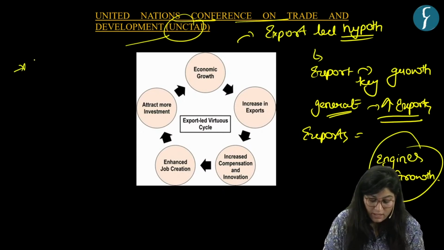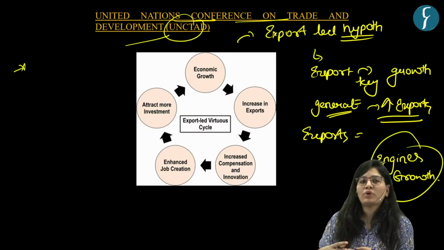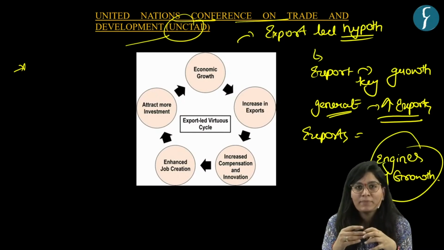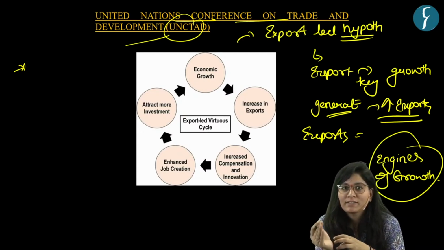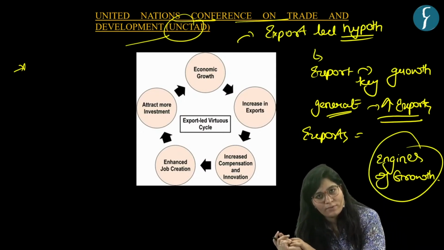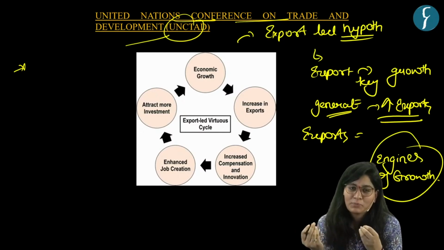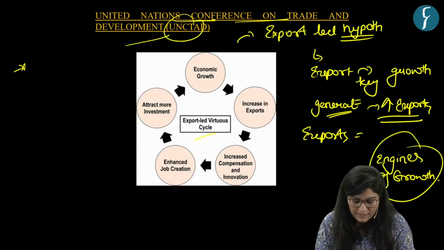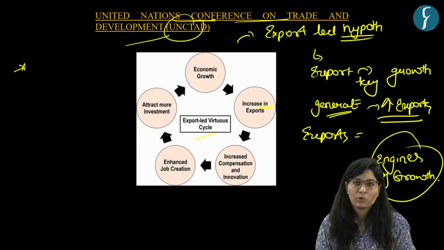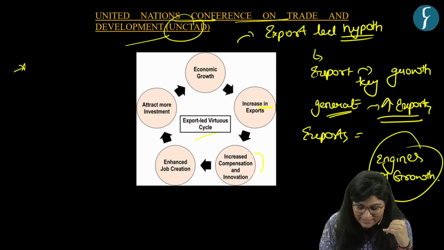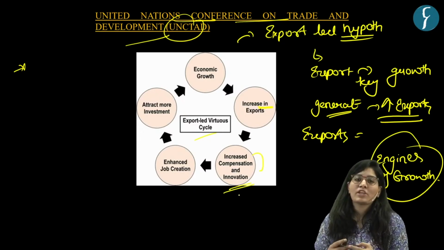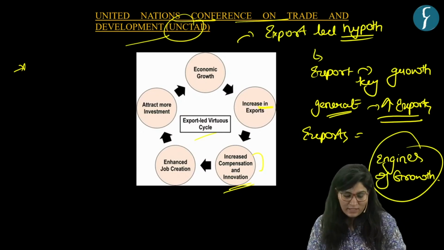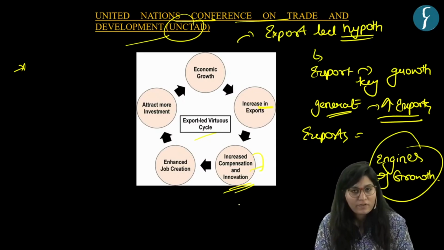Okay. Now, what kind of countries can promote the export-led model? Countries which seek economic development by opening up their economies to international trade, because they need to export and they need to import in the process. So here you can see the export-led virtuous cycle. If there's an increase in exports, definitely it will increase competition and innovation. See, to make your product more market competitive, definitely you will work on innovation.